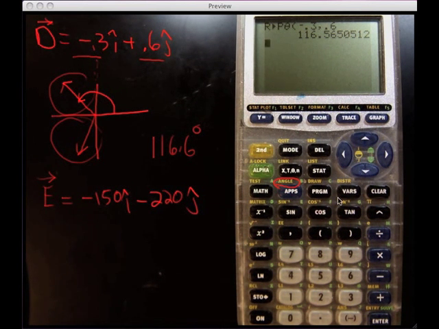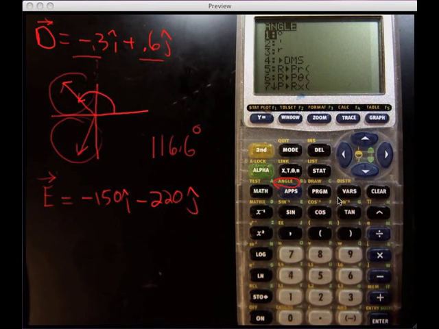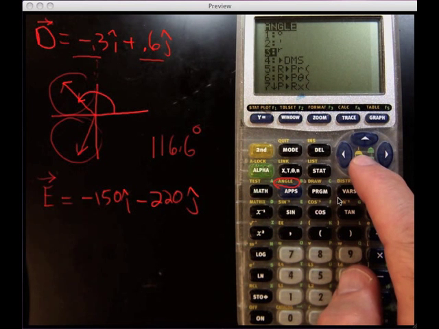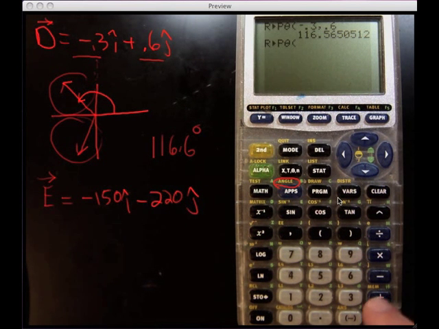And so we go to second angle, and we go down to option 6, hit enter, and so now negative 150, comma, negative 220, enter, and it says negative 124.3.